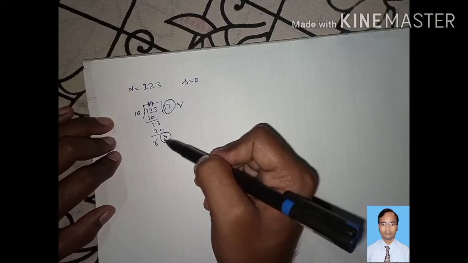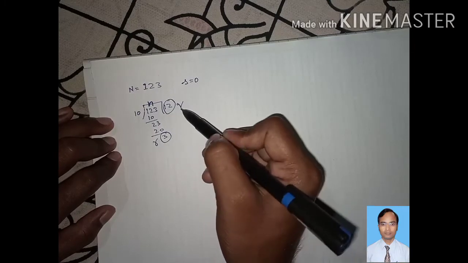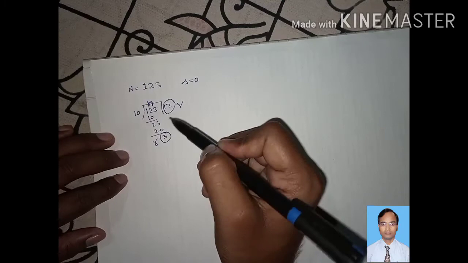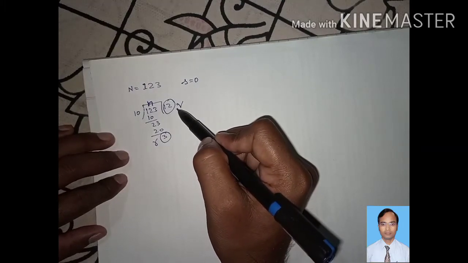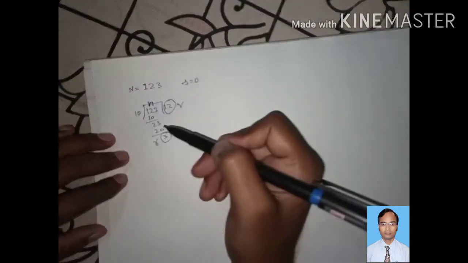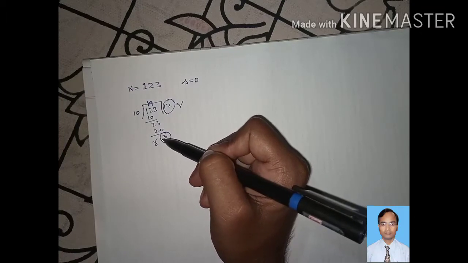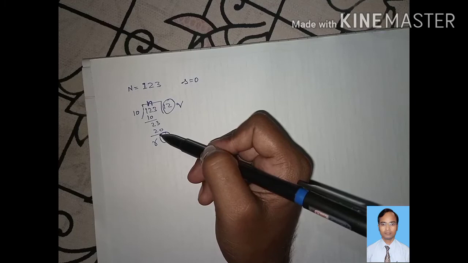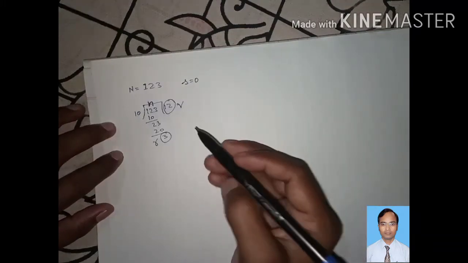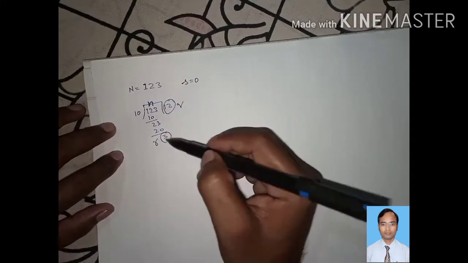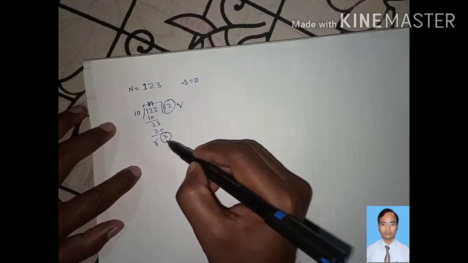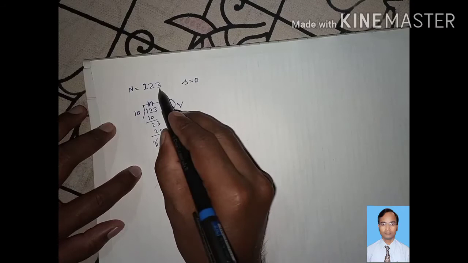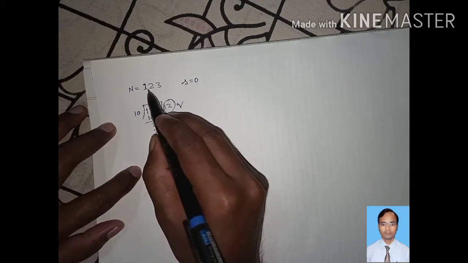Because there are two results, the remainder is a result and the quotient is also a result. In programming, both are different. If we want the quotient, then there is need of the divide sign. If we want the remainder, then there is need of the mod sign. In this, you can see the remainder is 3, and 3 is the last digit of my number.